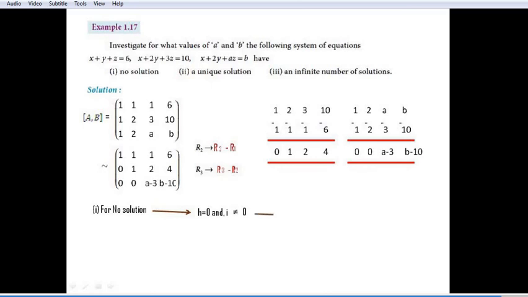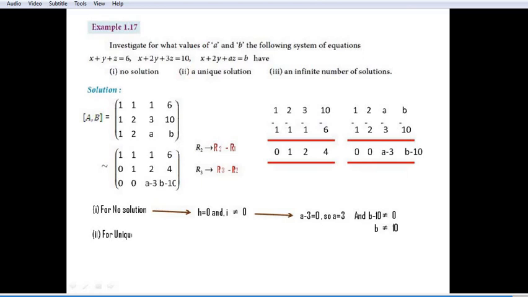In place of H we have A minus 3, so A minus 3 equal to 0 and A equal to 3. B minus 10 is not equal to 0. Sending minus 10 to the right side, what you get, B is not equal to 10.